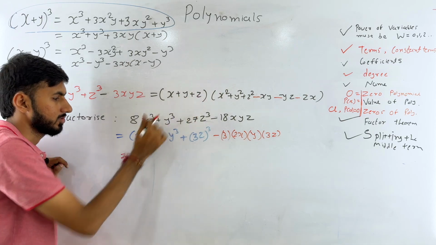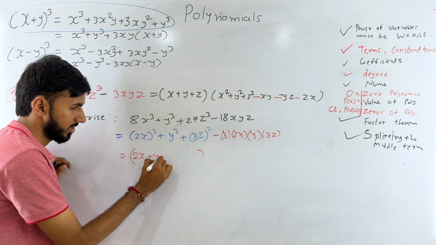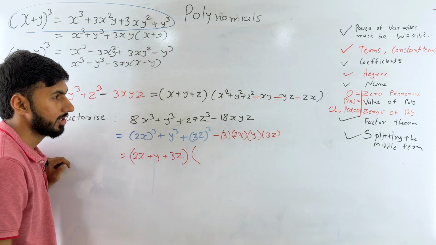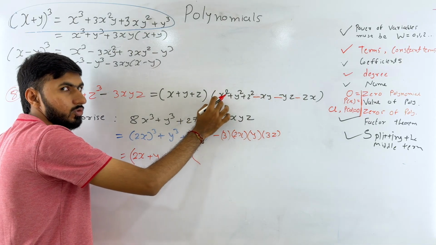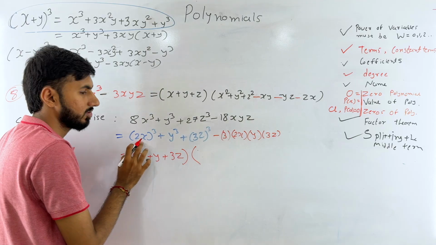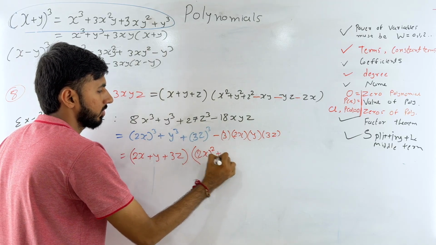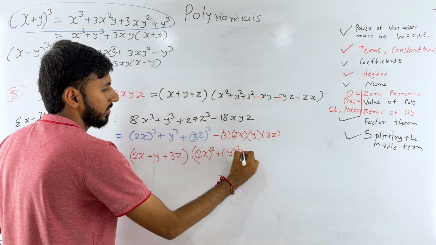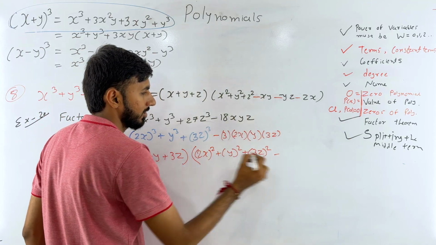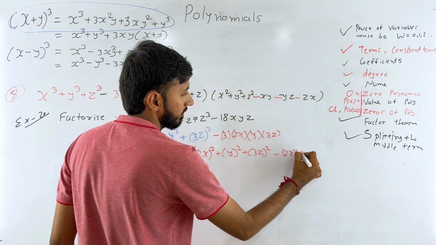So my answer will look like this: addition of all three terms in the first bracket. So I write 2x plus y plus 3z in the first bracket. In the second bracket, I have to take the square of the first term, the square of the second term, and the square of the third term. The first term is 2x, so I write (2x) square plus second term y square plus third term (3z) square minus xy, that is 2x and y.